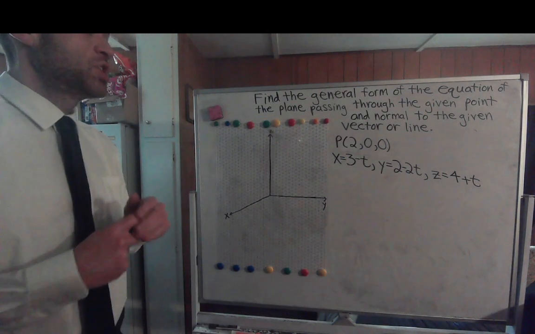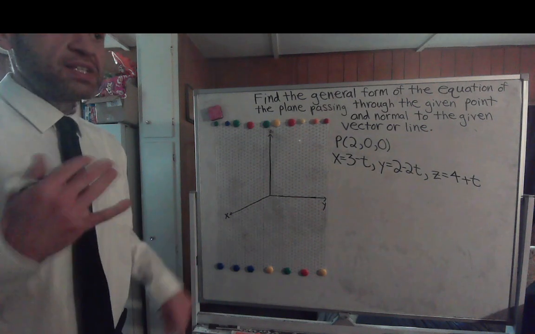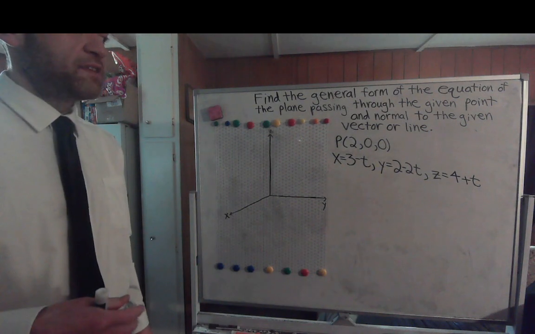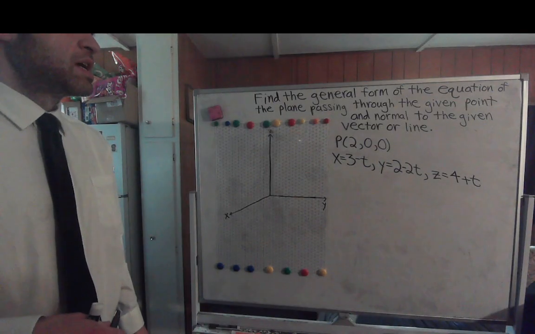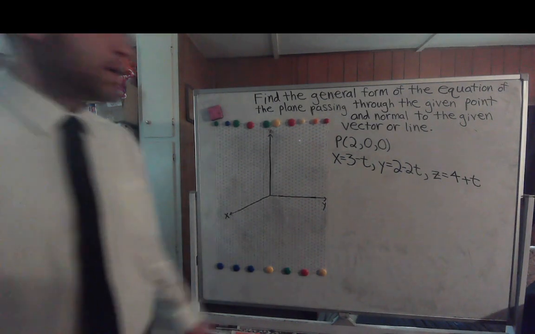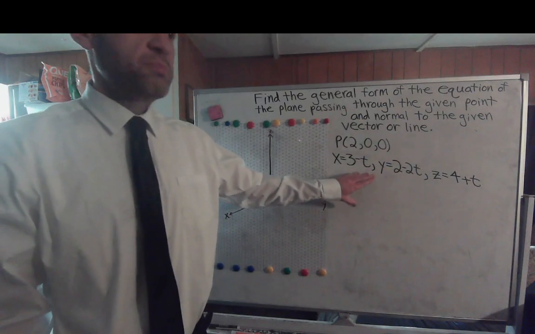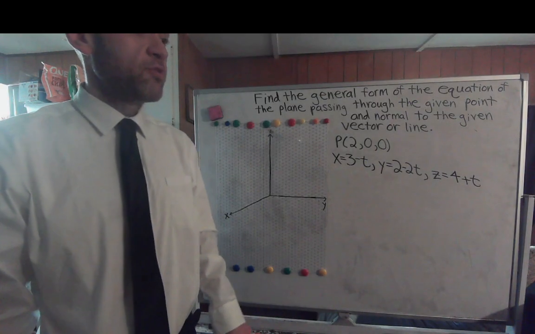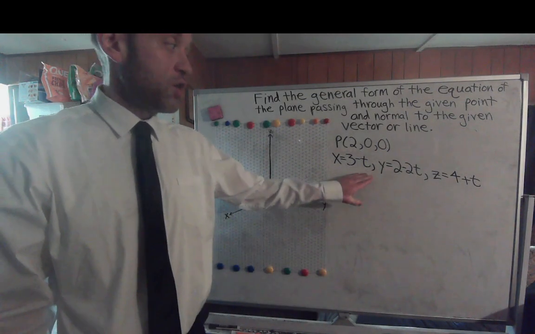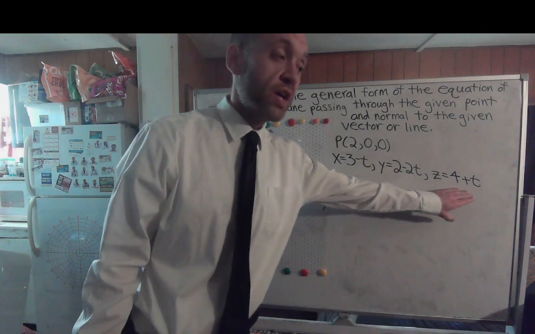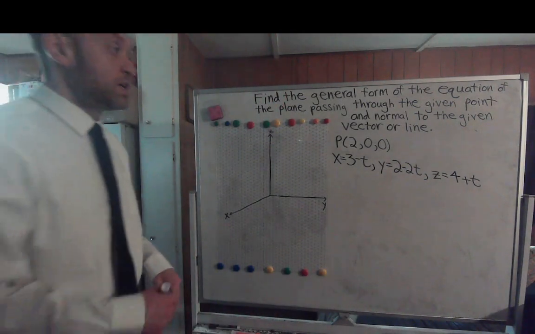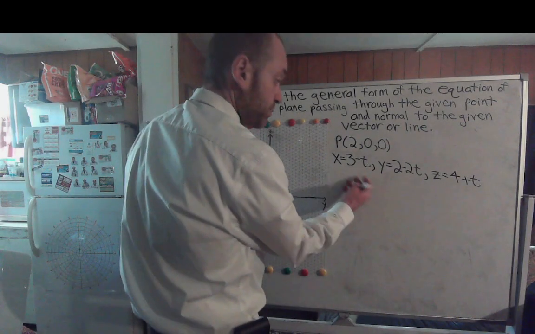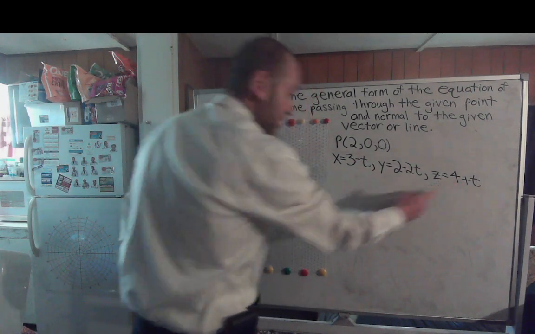Okay, so this is a lot like yesterday's lesson in the fact that you have the next best thing here with the line. Because remember, with the line, your coefficients of t are your direction numbers. So you just ignore the constant term for each of these variable equations.